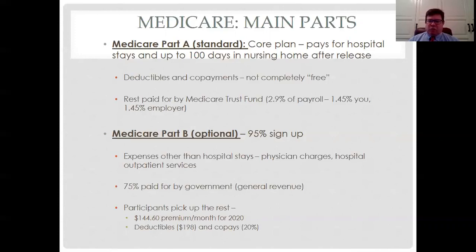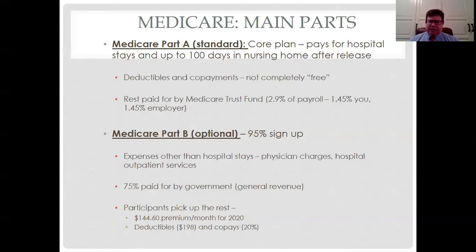So the premium for 2020 is actually $144.60 a month for most people in the United States. As you get a little bit higher up in income, those premiums will go up on a monthly level, but the standard premium is $144.